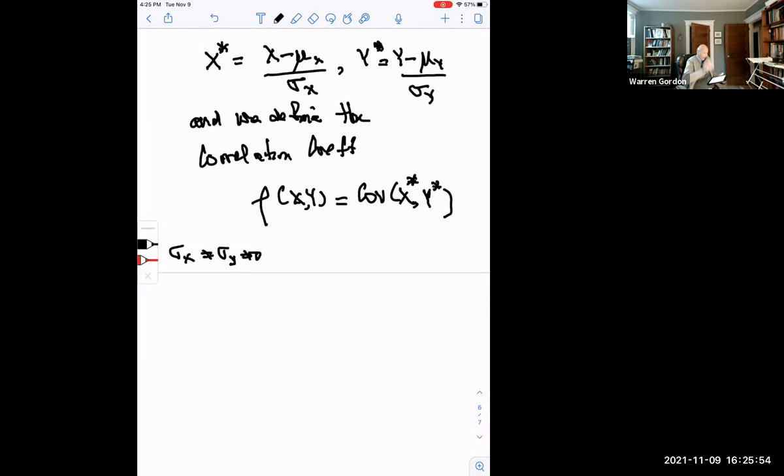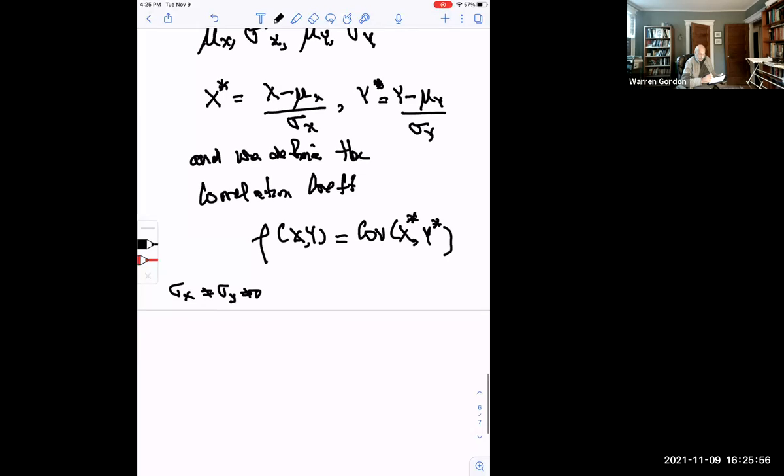So I've defined this correlation coefficient. And by the way, when rho is equal to 0, we say they're not correlated.